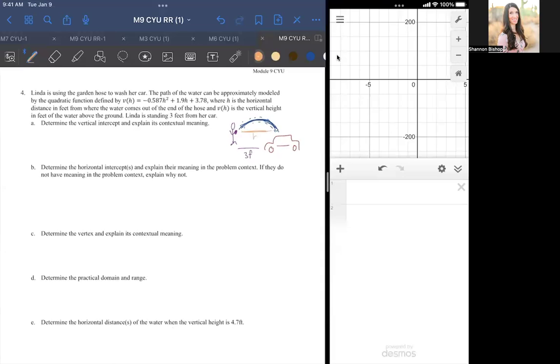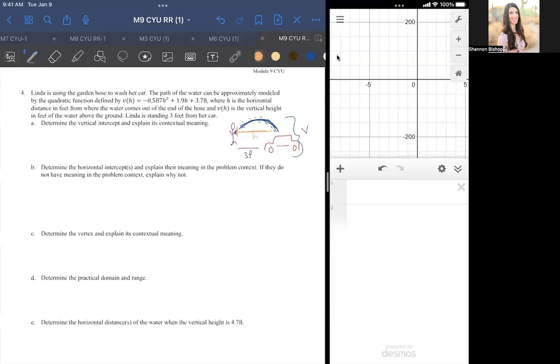And then V of H is the vertical height off the ground. So V of H is the height of that water off the ground, whereas H is the horizontal distance of the water from where it comes out, essentially her hand. So from here to wherever, that's what H represents.